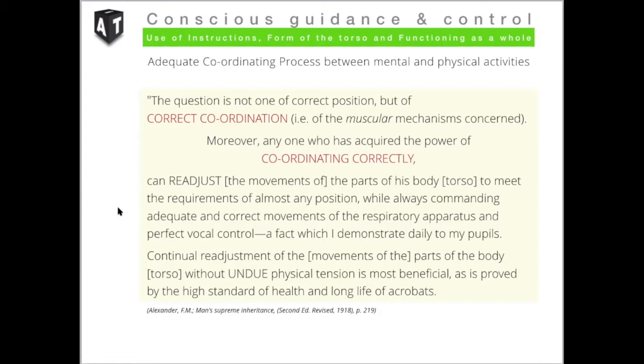So we can apparently, with the coordinating principles that are established by this technique, readjust the movement of the different parts of the body. And this is obvious: Alexander is able to readjust the different movements.